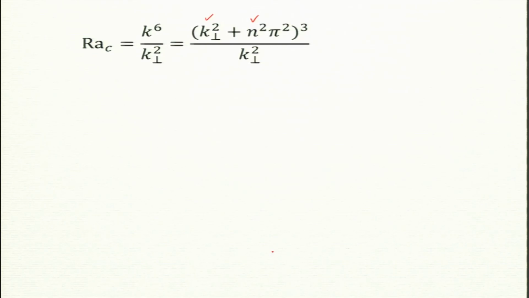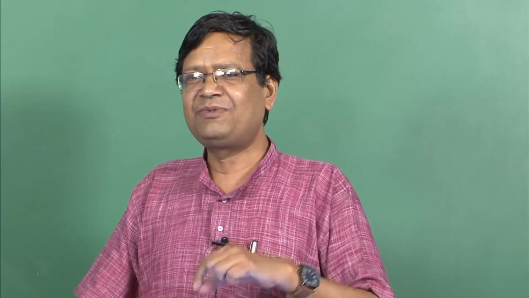Now, let us say I fix n, I am looking for which value of k perp the Rayleigh critical will be lowest. As I said, the noisiest student is the one who will most likely start making noise. So, we are looking for the most unstable system. I do not mean to say a noisy student is unstable, but I am just trying to make an analogy. So, the most unstable mode.